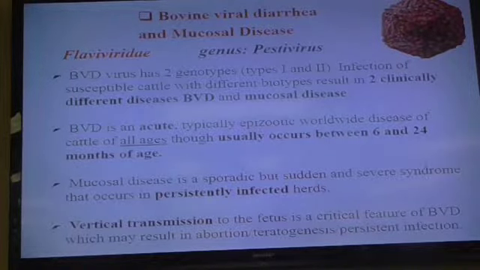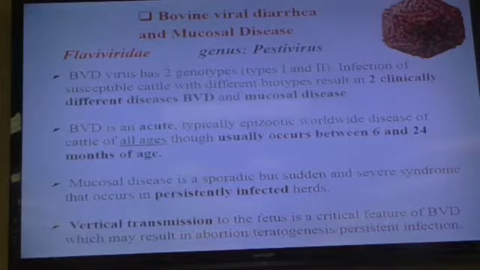When we say genotypes, that means the sequences are different, but they're coming from the same virus. And when we say biotype, it means that biologically, each biotype can cause a different outcome.